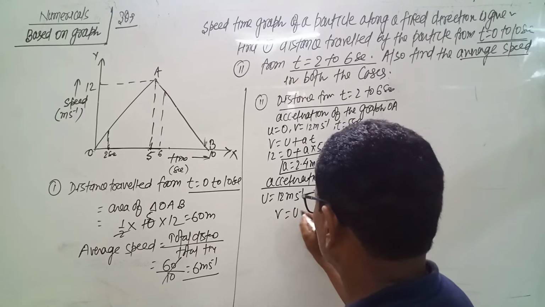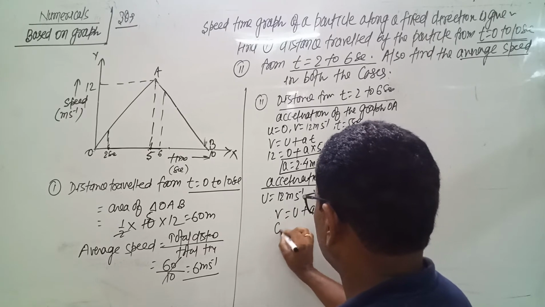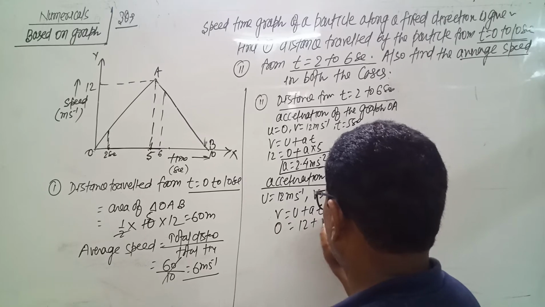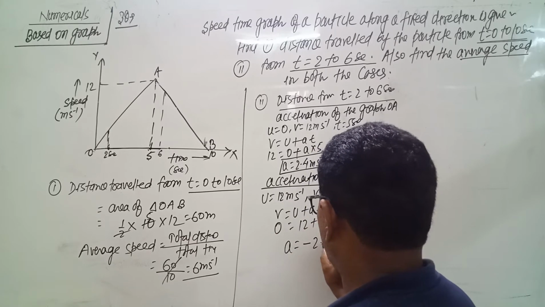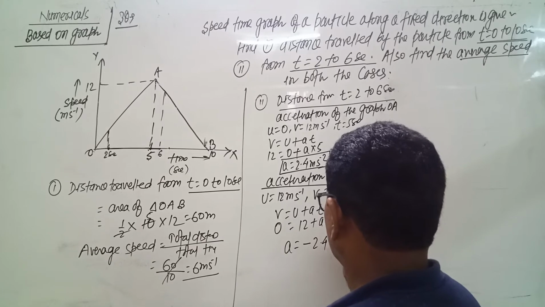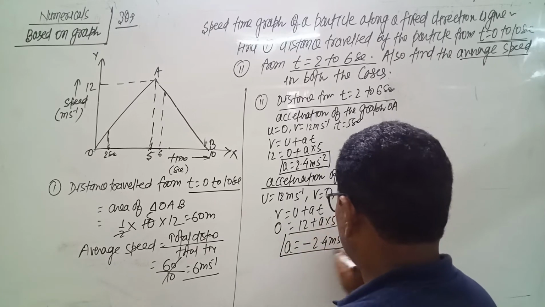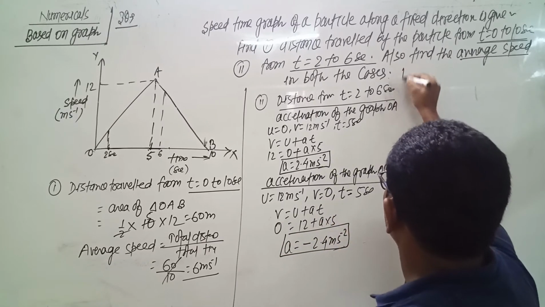Same formula we use, v equals u plus at, 0 equals 12 plus a into 5, and a comes to be minus 2.4 meter per second square. So this is the decelerated motion.